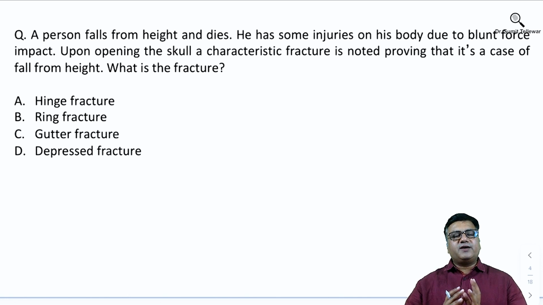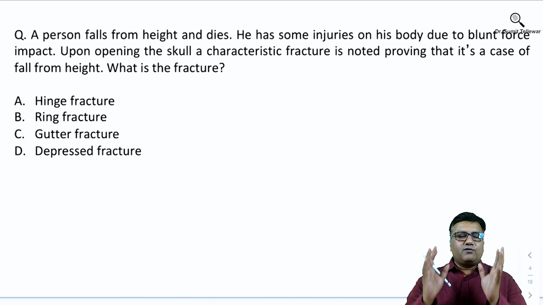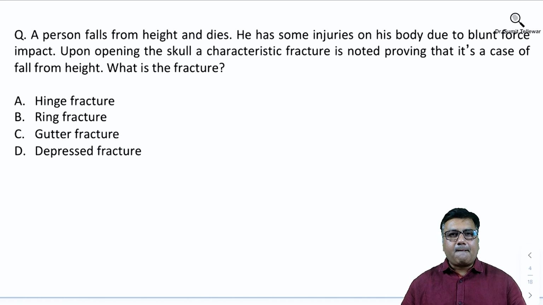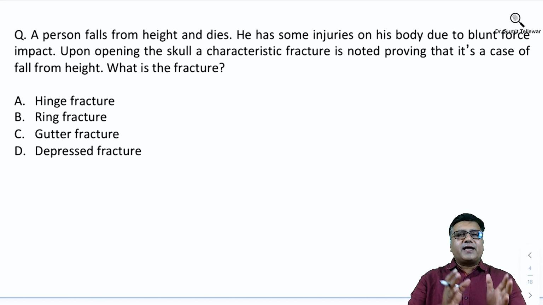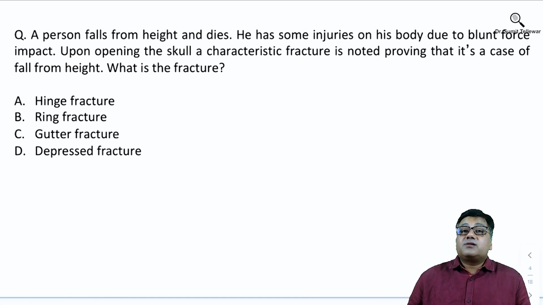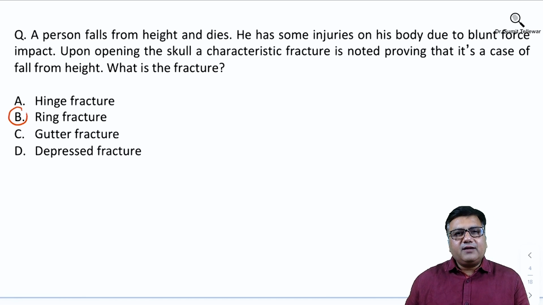So question is very simply asking that if there is a person who has fallen from height and has died, what kind of a characteristic fracture can be observed in his skull, which can lead to the diagnosis that it looks to be a death due to fall from height only. Now that kind of fracture is called as ring fracture. Okay, ring fracture.